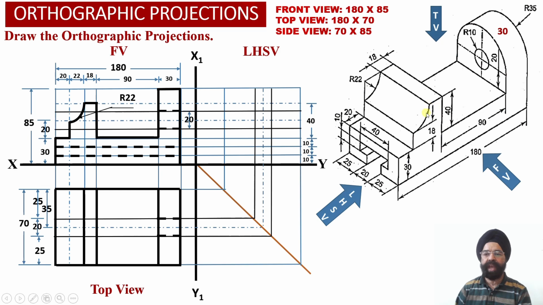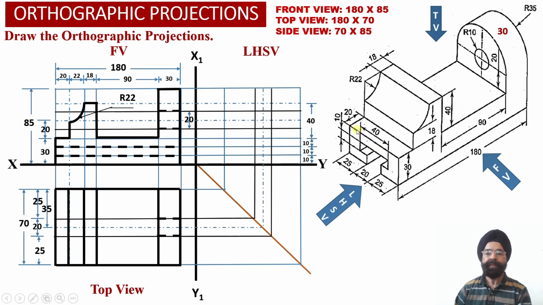Then we are going to encounter this circular cut section over here. Corresponding to this circular cut section, once again we are going to obtain apparent shape rectangular projections into the top view projections over here corresponding to this circular cross section of the top surface of the solid over here.